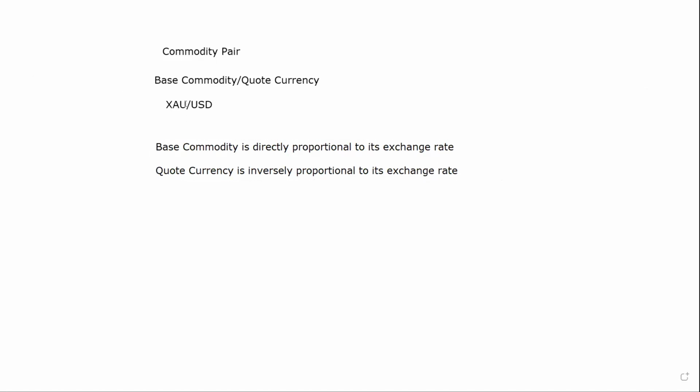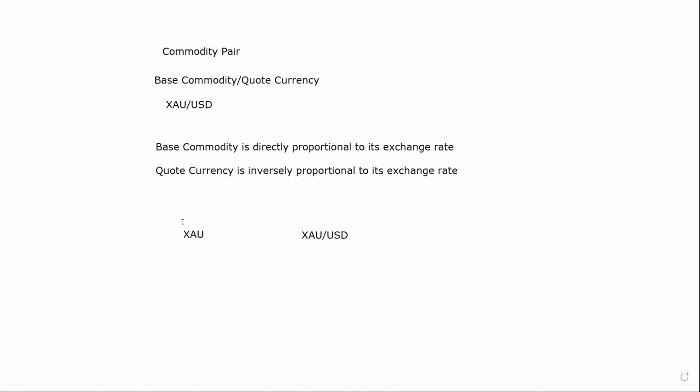We have XAU as the base commodity and US dollar as the quote currency. What does this mean? First we take the base commodity, XAU, and compare it with the XAU slash US dollar exchange rate.